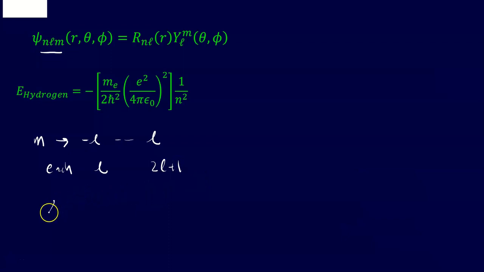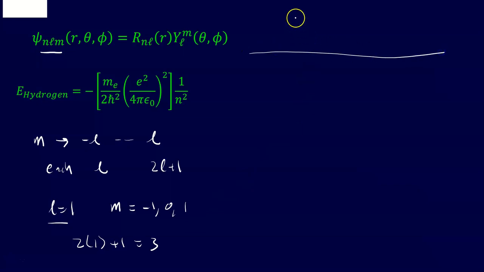For instance, if we're in an l equals 1 state, then m can go from negative 1 to 0 to 1. That's 3, and of course 2 times 1 plus 1 equals 3. So for the l equals 1 state, there are 3 states that go along with that.